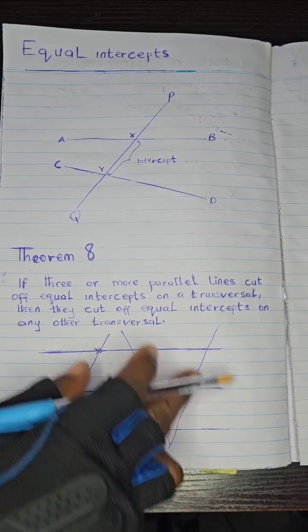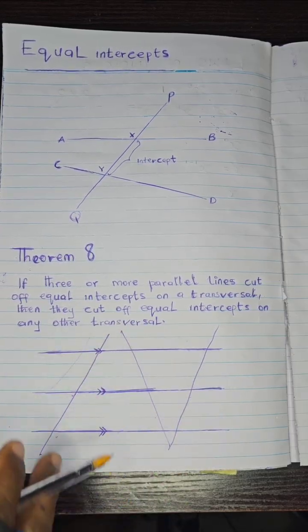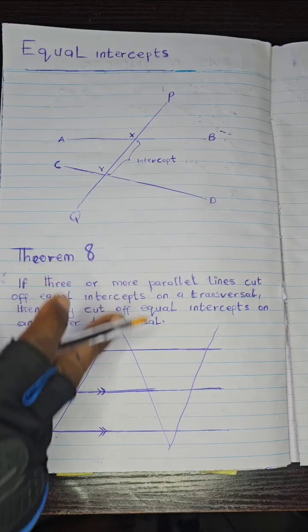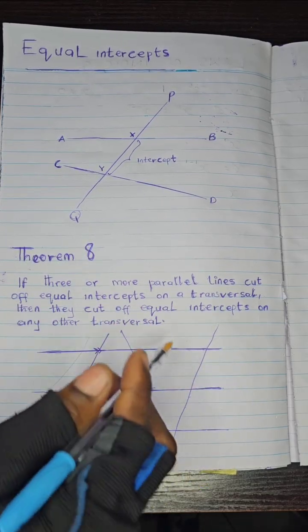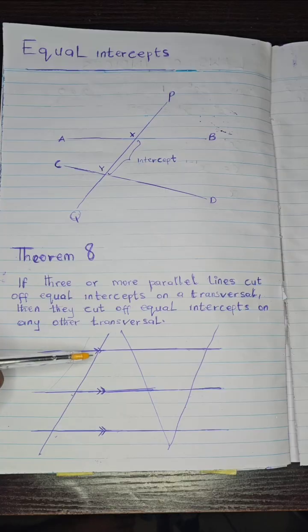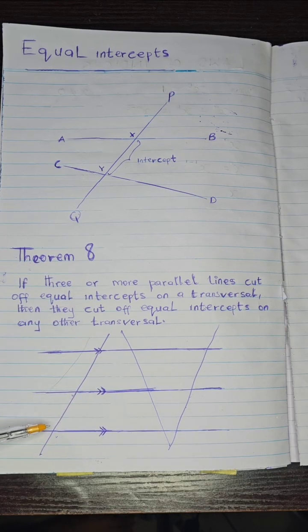Irrespective of how the transversal looks, this one going up, that one going down, even if it's going straight, so long as you can confirm that these 3 parallel lines or more (it mustn't be 3, but 3 is the minimum) divide this intercept here equally.